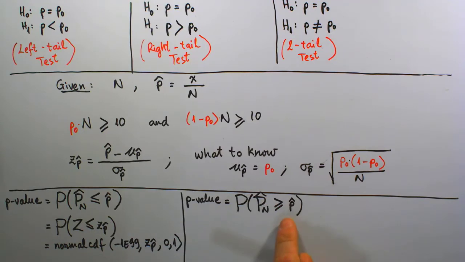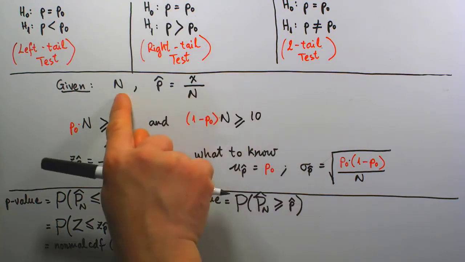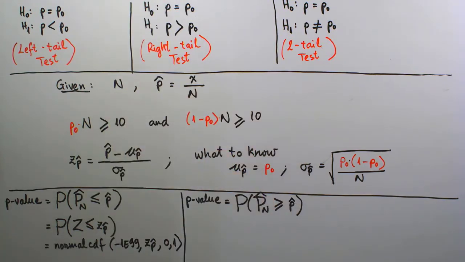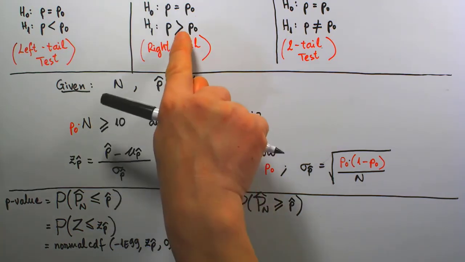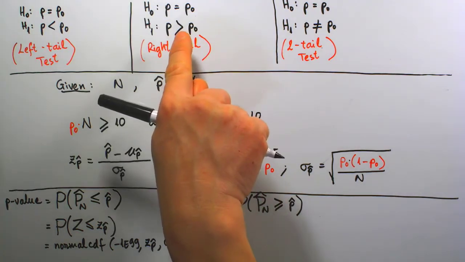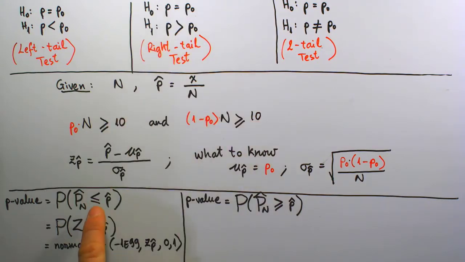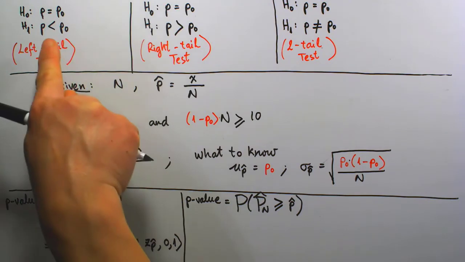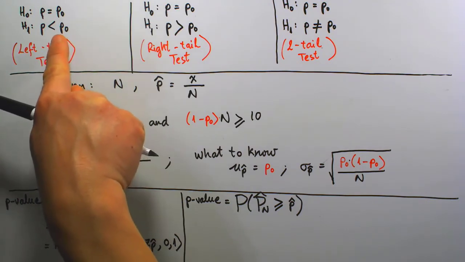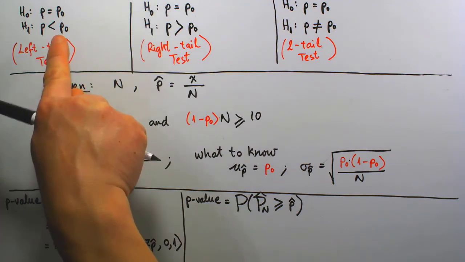So this is again our sample. This is a random variable that represents any other sample proportions at the same sample size as the one we have. Notice how the inequality agrees with the inequality in the alternative hypothesis. The same here in the case of a left tail. The inequality in our probability calculation agrees with the inequality in the alternative hypothesis.